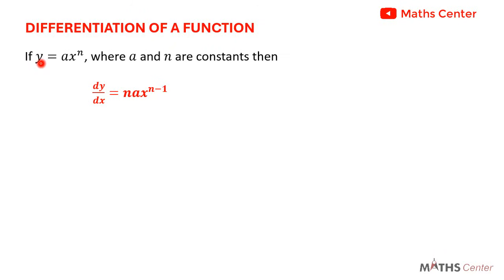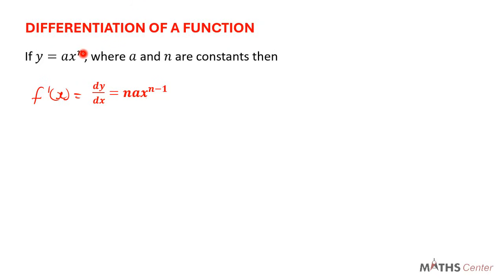If the function is of the form y is equal to ax exponent n, when you differentiate y with respect to x, that is when you find dy dx, which can also be written as f prime of x, then you are going to have nax exponent n minus 1.